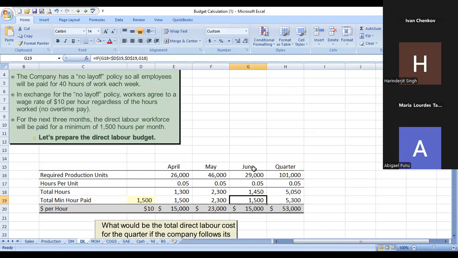And in June, they also work below the 1,500, so the 1,500 is going to prevail. So we're going to pay them 1,500 hours. In total, we're going to pay them 5,300 hours, which is $53,000.